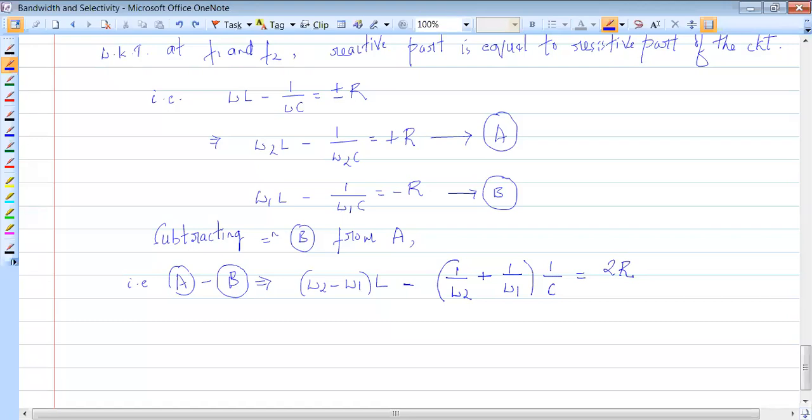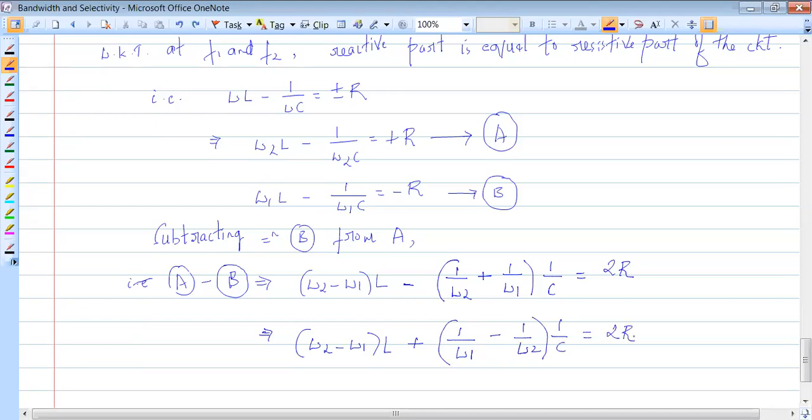Now, the same equation can be written in this form. This is omega 2 minus omega 1 times L, plus, I'll take out omega 1, then this is minus 1 by omega 2, and 1 by C is 2R.